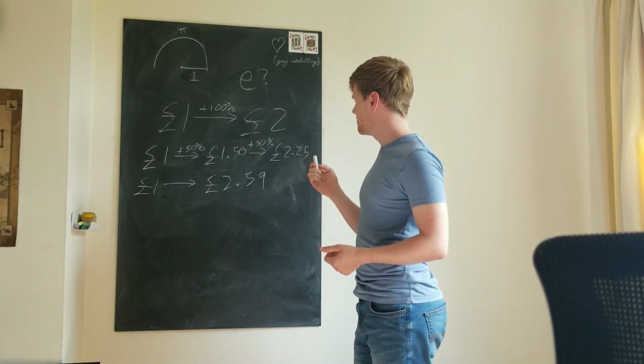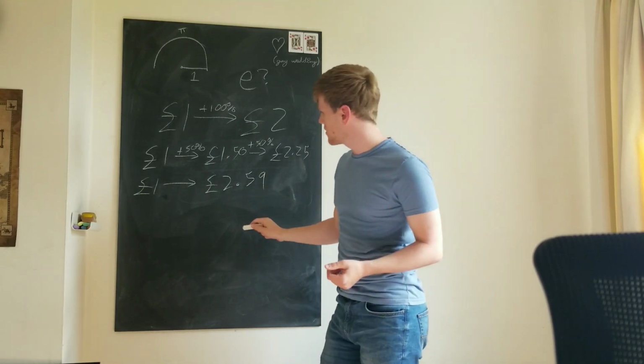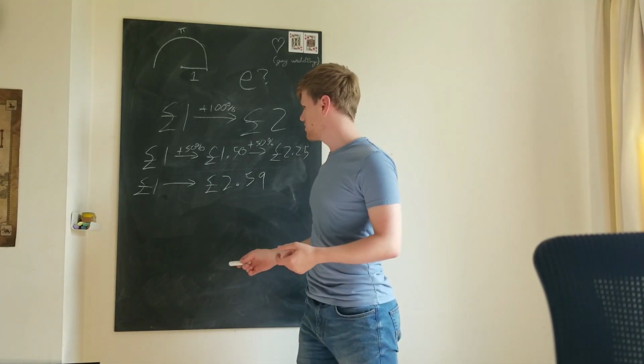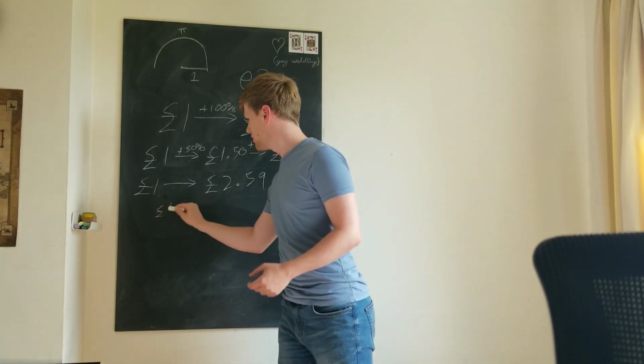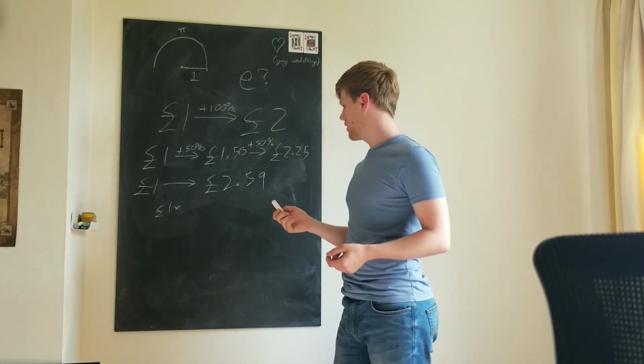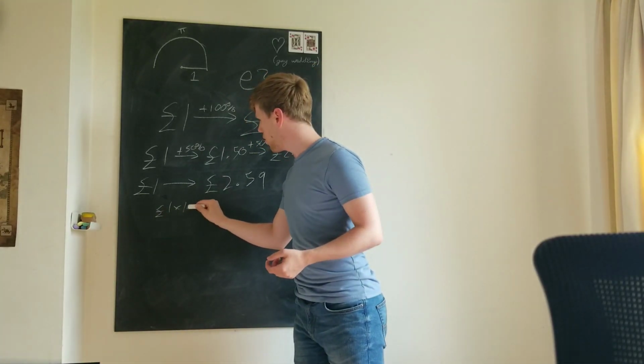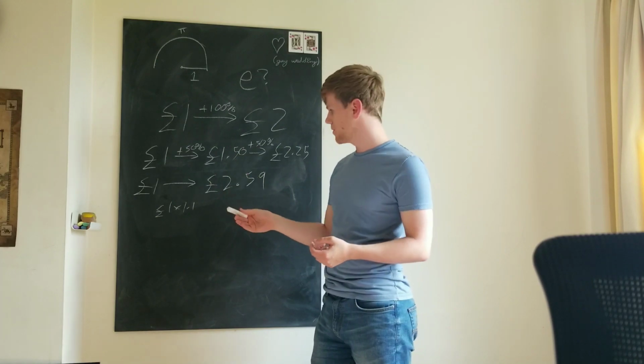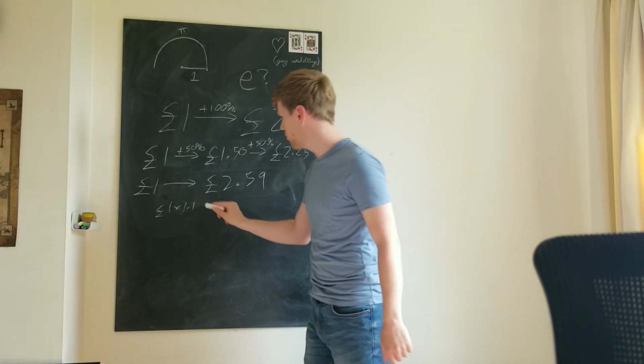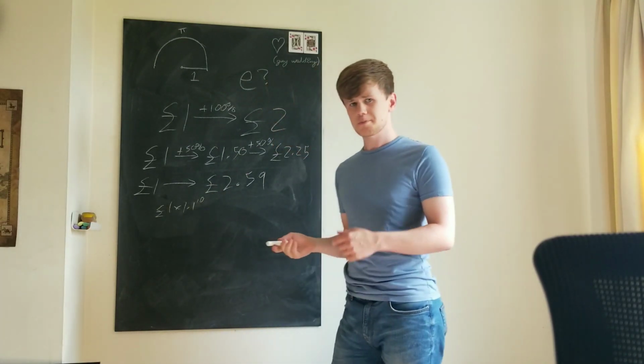And the way that you can calculate this on a calculator very easily is, well, we have our £1 and we're multiplying by 1.1, and that gives us our extra 10% every time we multiply by 1.1, and we're doing this 10 times.